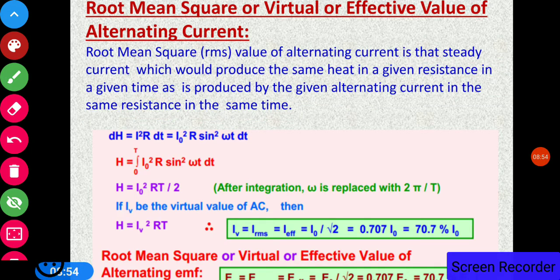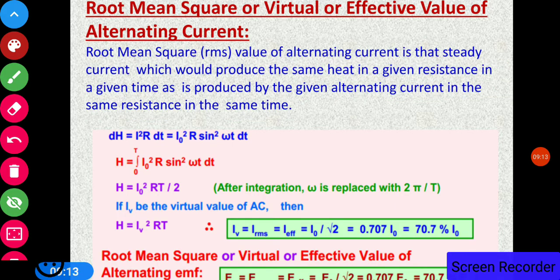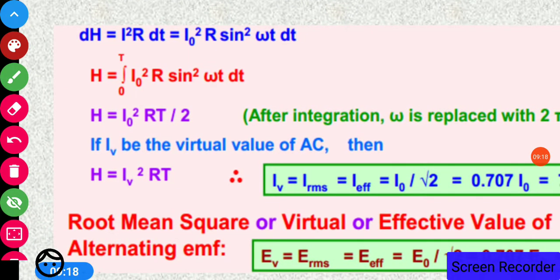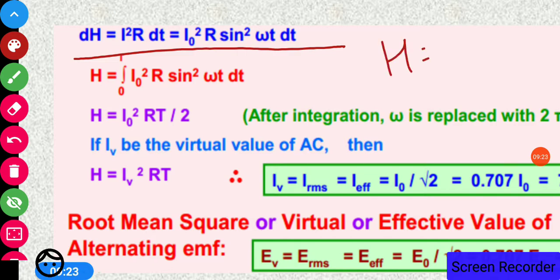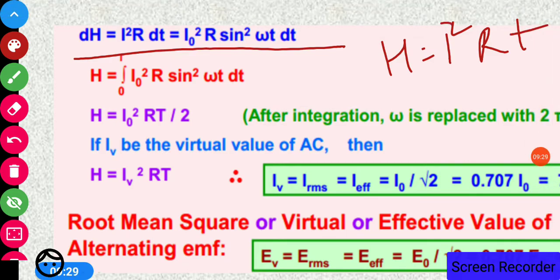Let us read it again: root mean square value is that steady current which would produce the same heat in a given resistance in a given time as is produced by the alternating current in the same resistance in the same time. So to calculate this, the formula of the heat is H is equal to I square R T. Using this formula, dH, a small amount of heat, is I square R small time dt.